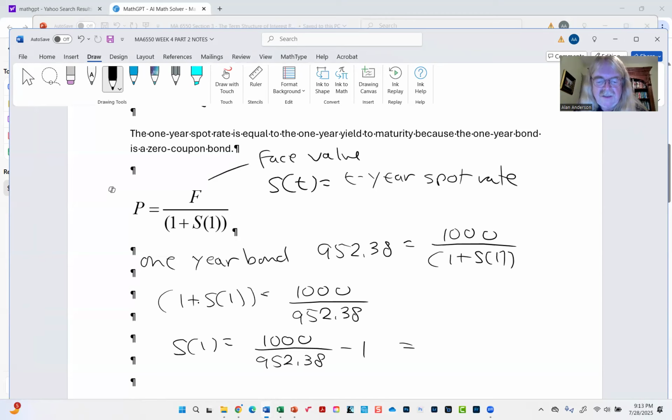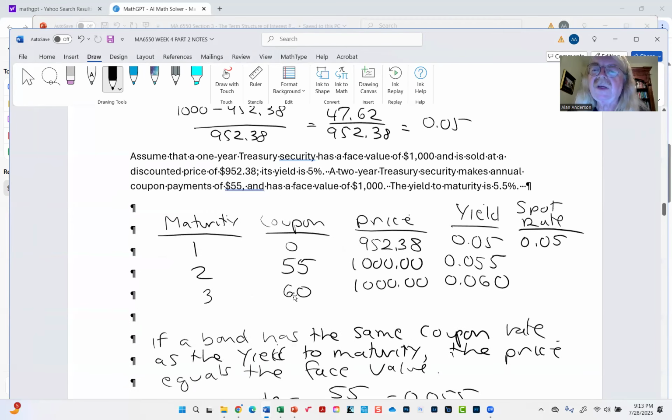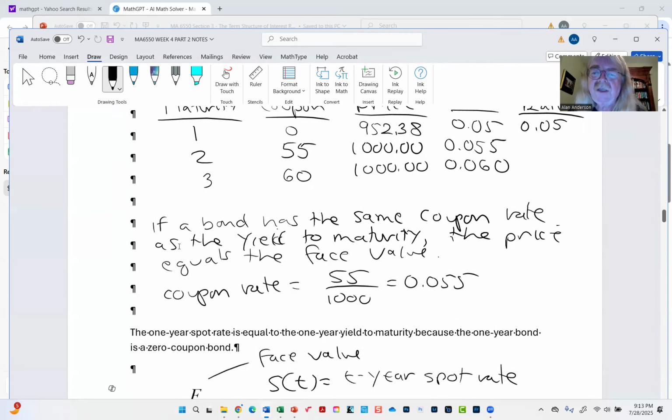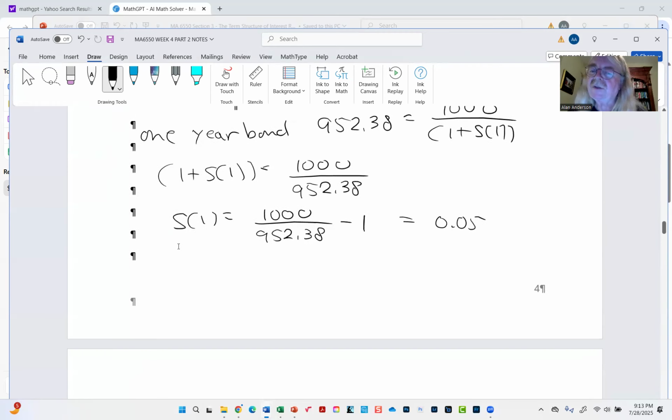It's 5%, but let's just demonstrate it. And yes, it's 5%. Okay, now I've already filled in that one, but you get the idea. It's right here, 5%. But we already knew in advance that had to be the case because it's a zero coupon bond. This is always true with a zero coupon bond. After that, it gets a little trickier.